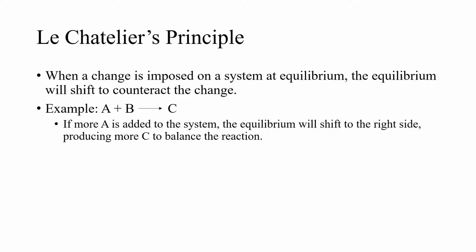It states that when a change is imposed on a system at equilibrium, the equilibrium will shift to counteract the change. So here's an example, A plus B going towards C. A and B are your reactants and C will be your products. So if more A is added to the system, the equilibrium will shift to the right side, and here's why.